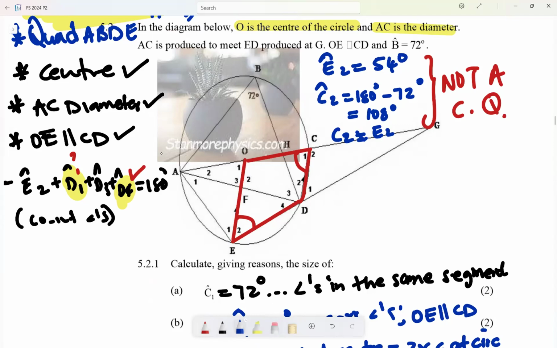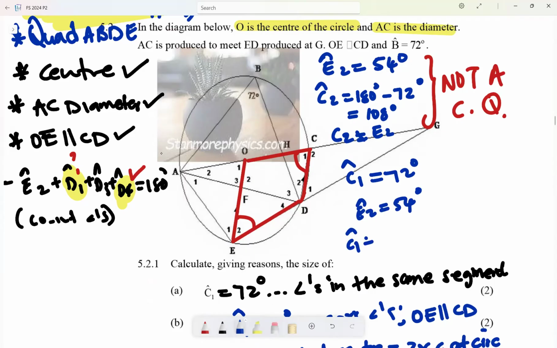Okay. Is C1 equal to E1? No. Angle C1 is equal to 72, and angle E2 is equal to 54.